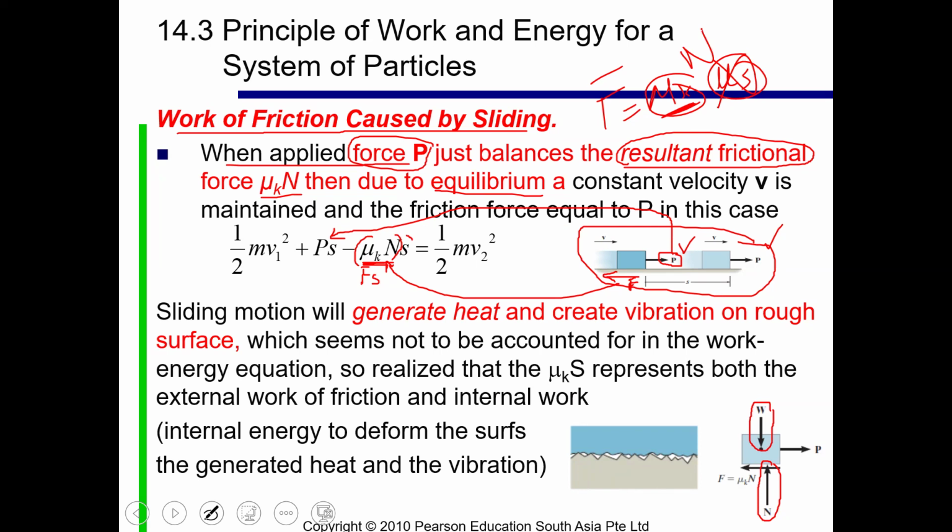Technically, there are two mu's, one for the static case and the other for the dynamic case. So here we need to work with the dynamic coefficient of friction. The equation will look something like this: the initial kinetic energy, the two forces, the external applied force and the frictional force, and the final kinetic energy.